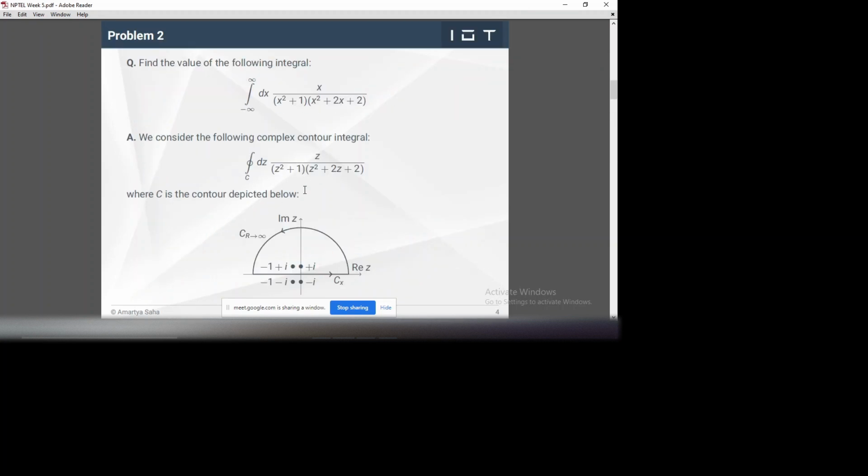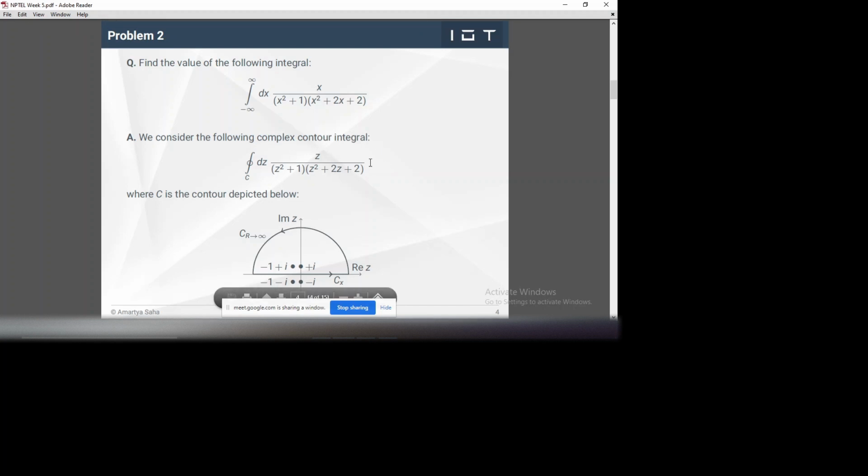That means the denominator will have 4 zeros, right? I have not mentioned them explicitly, but I have directly written them on this contour. These bold dots are the points of singularities of our integrand.